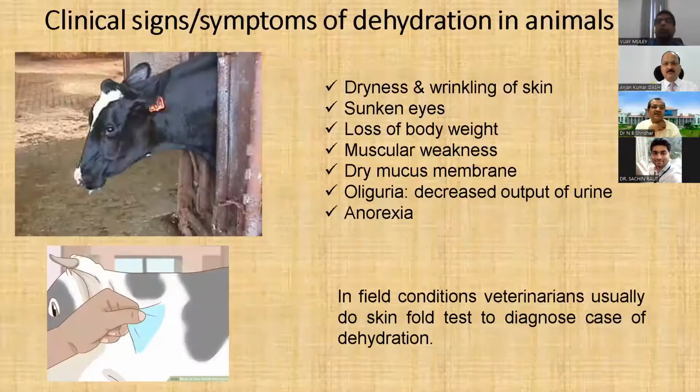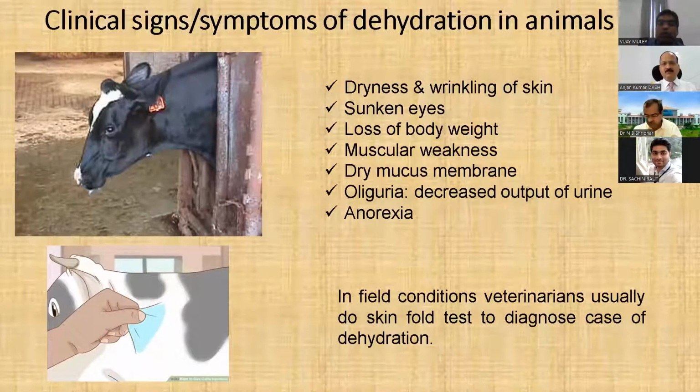So the clinical signs of dehydration are dryness and wrinkling of the skin, the eyeballs will get sunken, then loss of body weight and muscular weakness. And of course, most veterinarians have recorded all these signs, and dry mucous membrane, oliguria, and many times total anorexia.